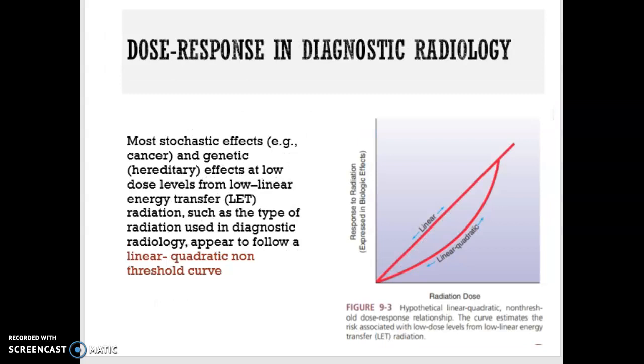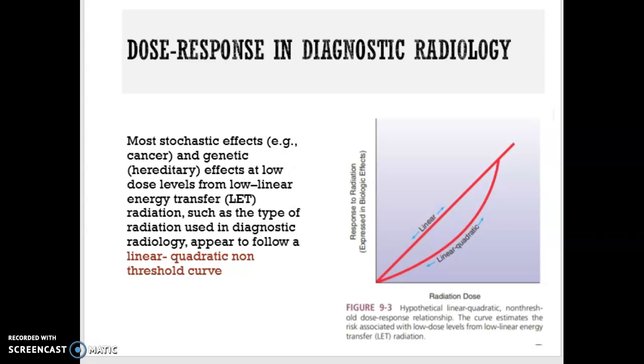Here we have a linear quadratic non-threshold curve, which estimates the risk associated with low-level radiation, such as those used in diagnostic radiology. There are radiation protection committees that believe that the linear quadratic non-threshold curve accurately predicts or reflects stochastic and genetic effects at low dose levels from low linear energy transfer forms of radiation, like X-ray.